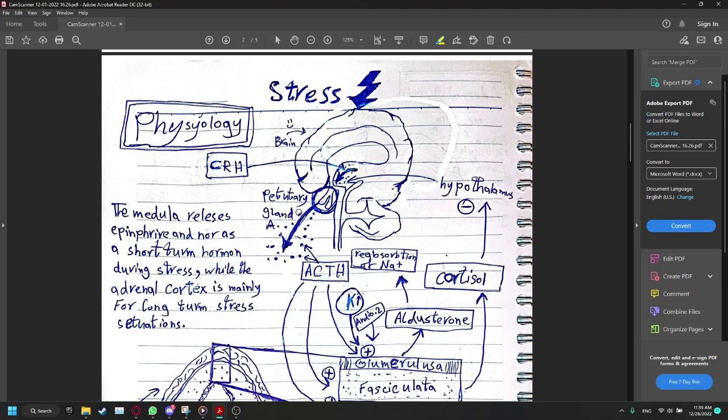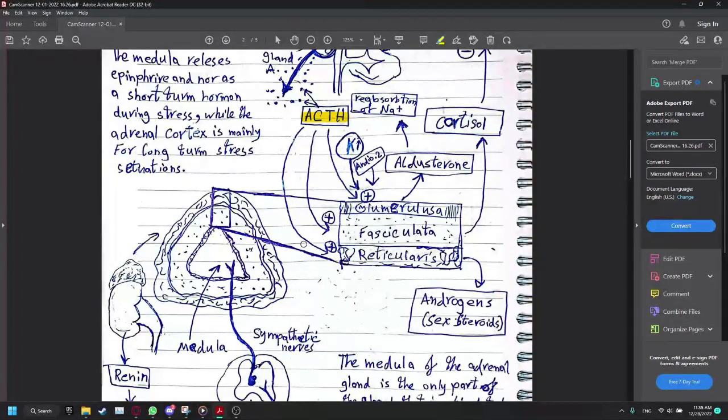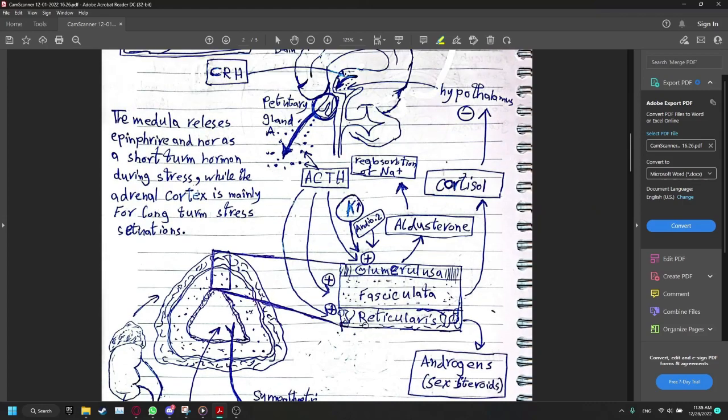And what stimulates the ACTH is CRH, which comes from the hypothalamus, right? So the hypothalamus here releases CRH, a corticotropin-releasing hormone, and that hormone stimulates ACTH, and ACTH stimulates all three of the cortex layers, right?